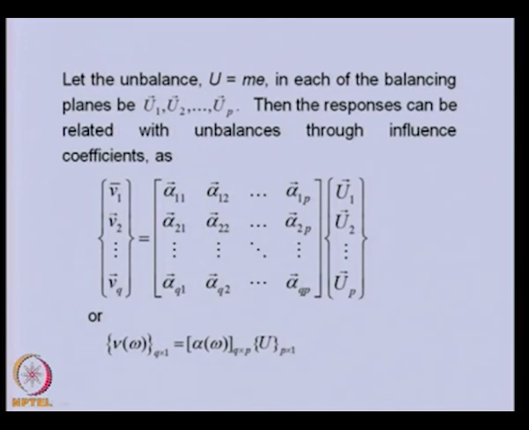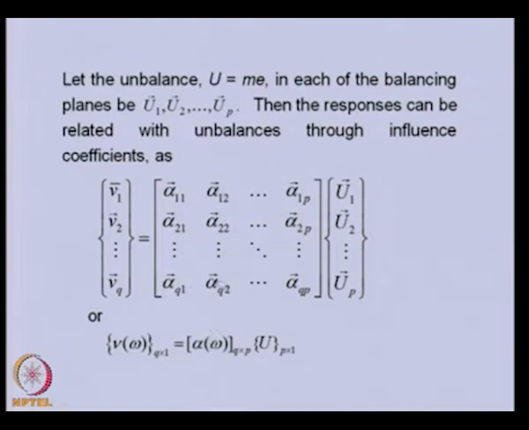So, these responses basically we are writing in terms of the influence coefficient multiplied by the forces. You can see that this particular influence coefficient matrix which we have obtained is of size q into p, p is the number of balancing planes and q is the measuring planes. This influence coefficient is a function of speed, because we already saw how the influence coefficient changes with speed.